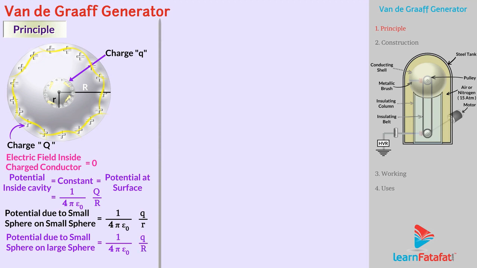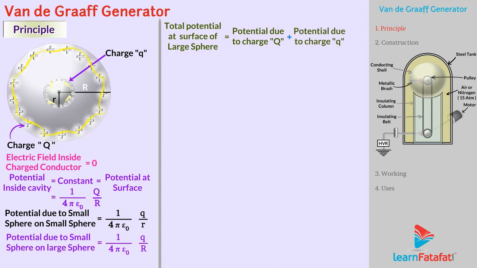If we consider both charges, that is capital Q and small q, then the total potential at the surface of the large sphere equals the potential due to charge Q plus the potential due to charge small q.